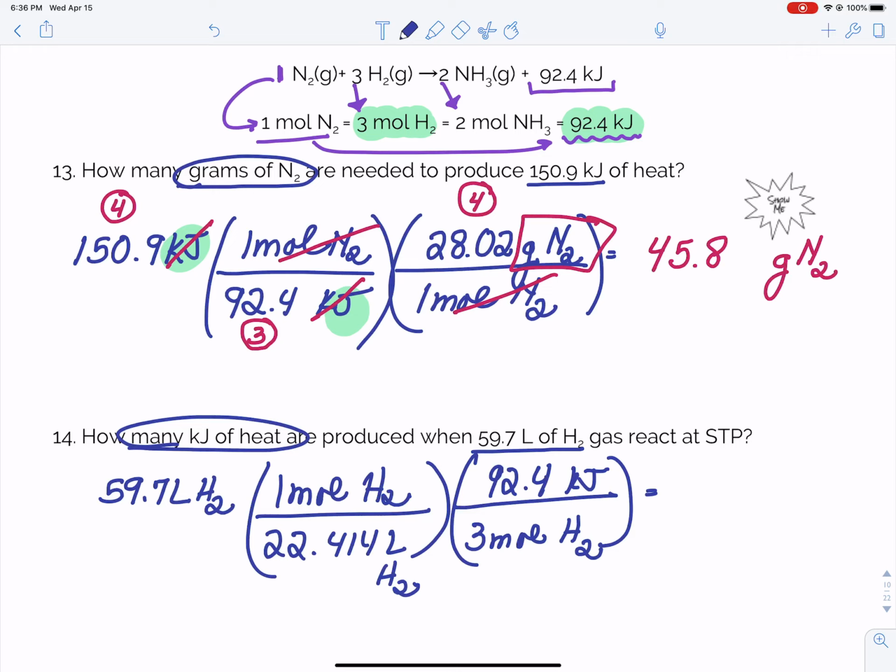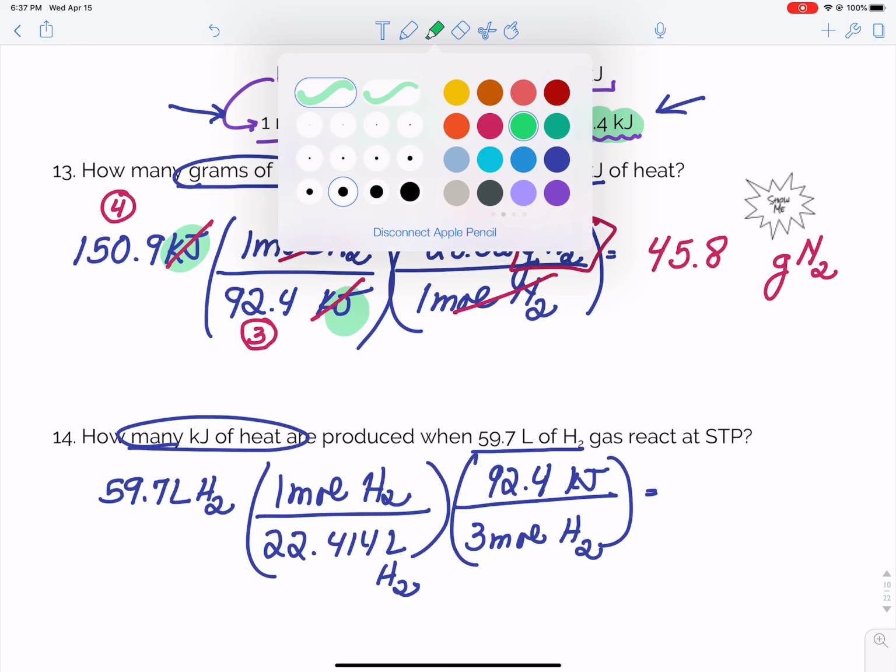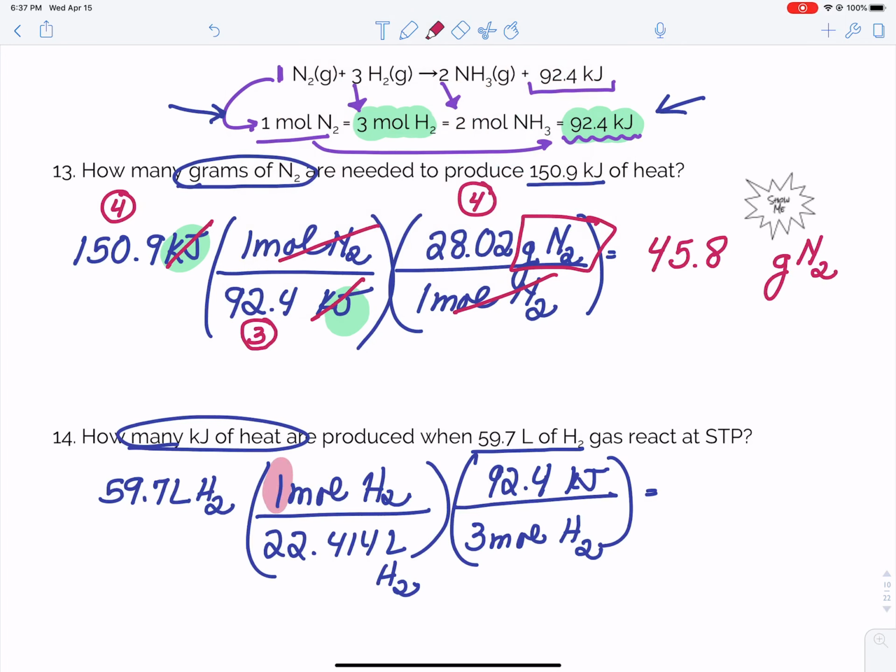coefficients from the balanced chemical equation before were when we were going from moles of one substance to moles of another substance. Now it's when we're going from moles of a substance to energy, because the balanced chemical equation relates moles and energy. So what a lot of students have a difficult time understanding is, why did I use 1 mole of hydrogen here and 3 moles of hydrogen here?